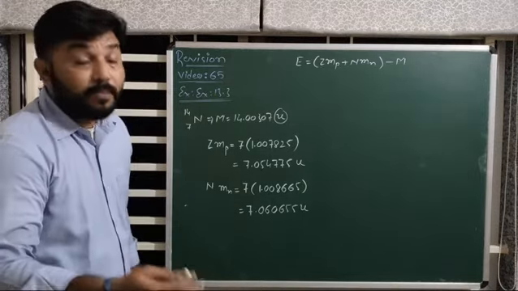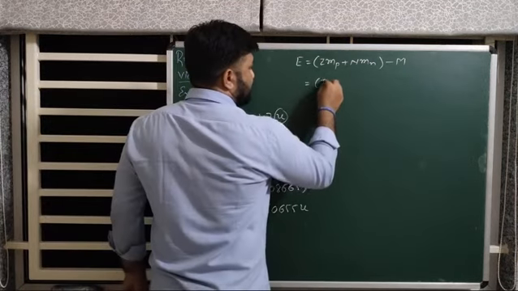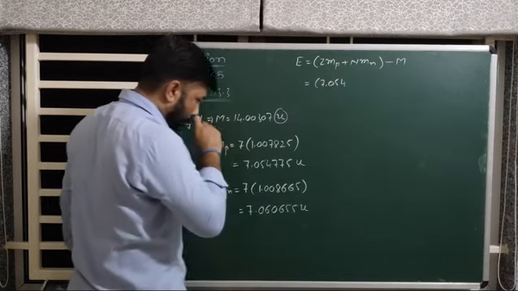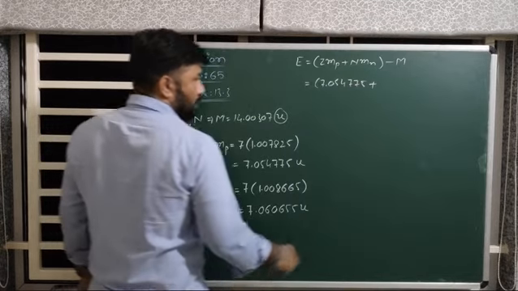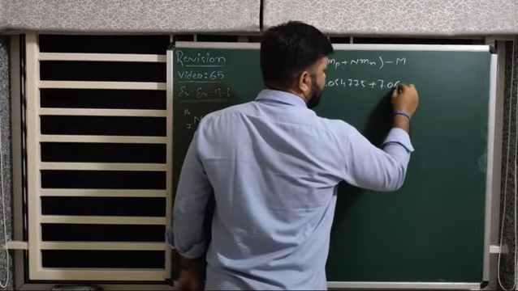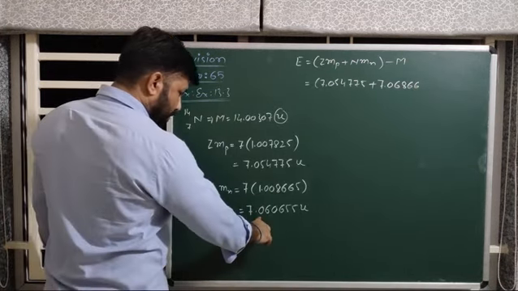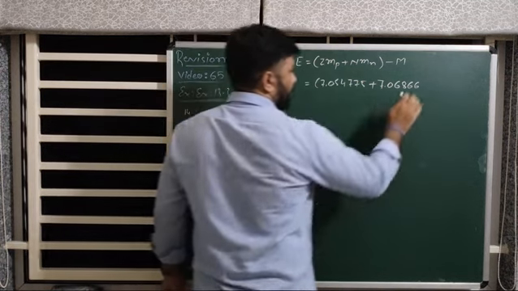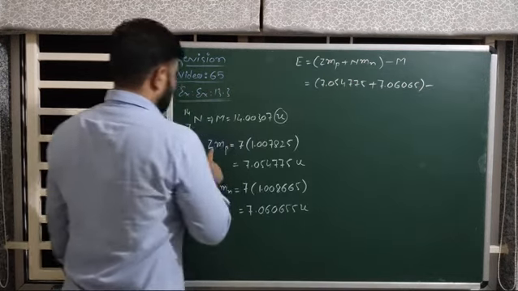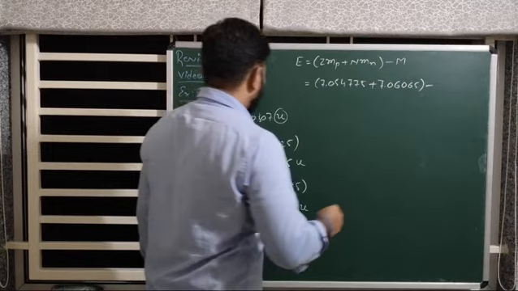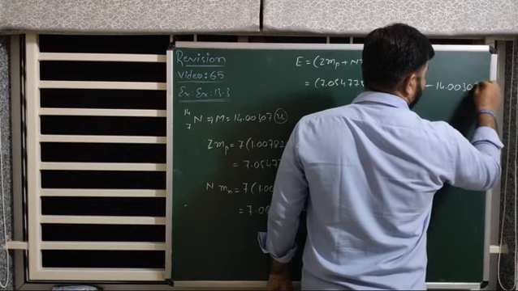Small kids can do it. That is 7.054775 plus 7.060655 minus M, which is here, 14.00307.